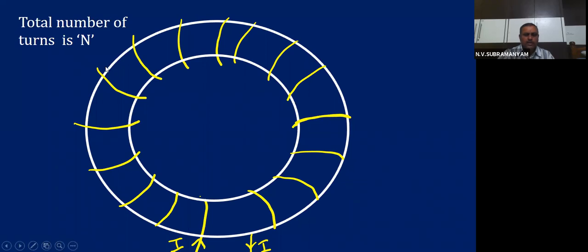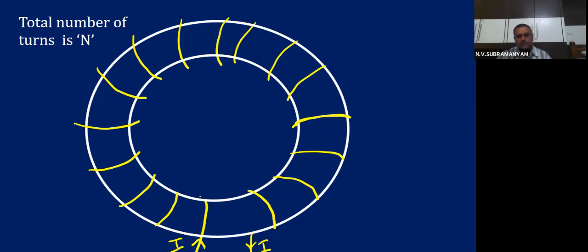So I am considering a toroid of how many turns? Total number of turns is N. And you see these yellow color markings are the turns on the toroid. The current is going in like this and coming out like this. On the screen you are seeing I current is going in and I current is coming out.